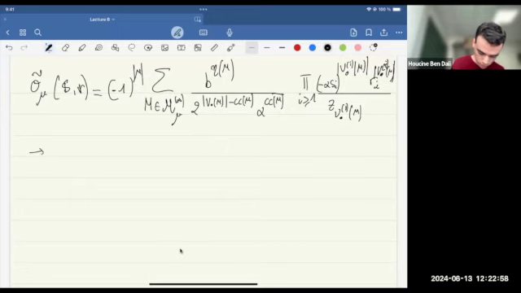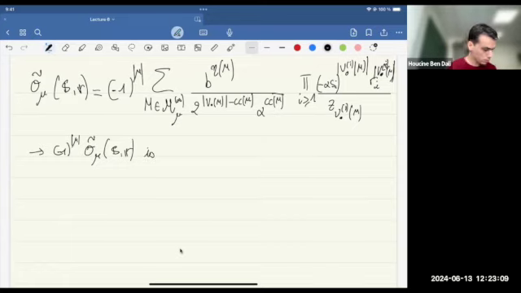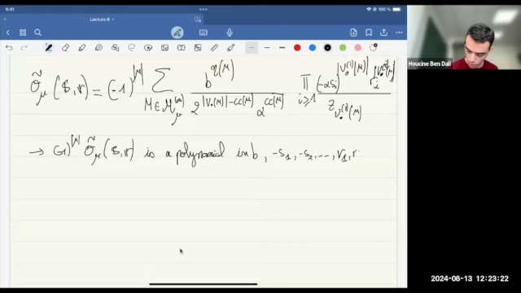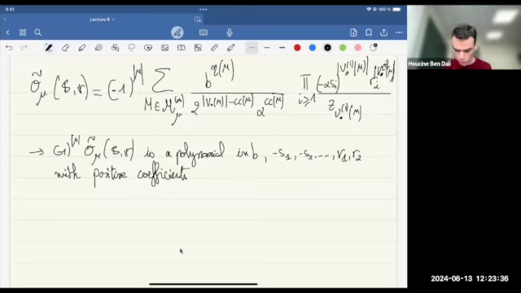So this is what we want to prove, that this theta mu of s and r, so we have minuses with si's, and these have positive coefficients. So why is this true?